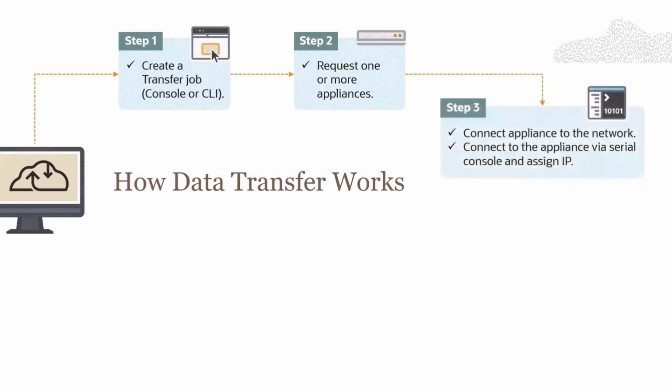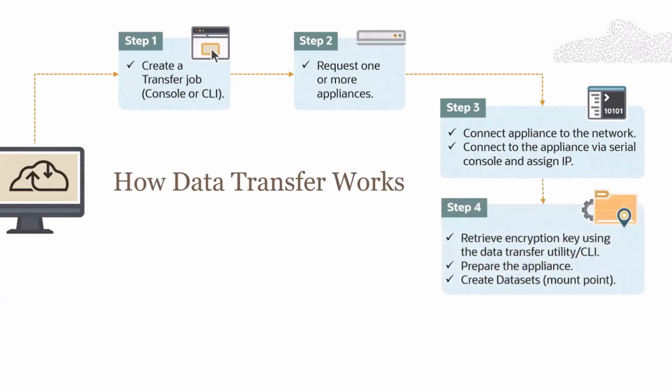After Oracle receives and approves your request, a transfer appliance will be shipped to the address that you specified when creating the request. When you receive the transfer appliance, physically connect the appliance to the host computer with the provided USB serial cable. You also need to power on the appliance, configure the transfer appliance networking, and then physically connect the appliance to your network.